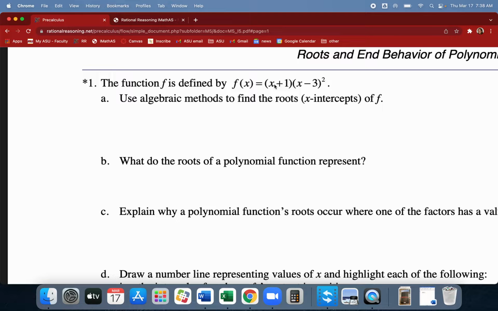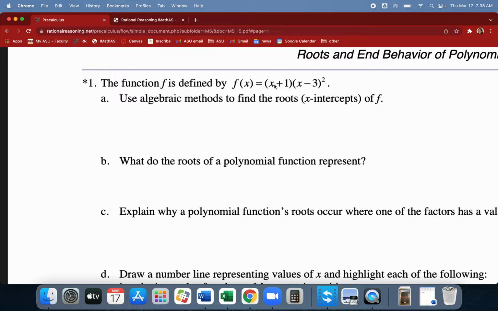So the far right side of this graph is generally going up, and the far left side of the graph is generally going down. In terms of drawing a sketch of this, I'd put my arrows right side up, left side down. I want to talk about some notation for that in just a minute, but putting together the rest of the pieces of this, I know I need to go through this point, and that point.